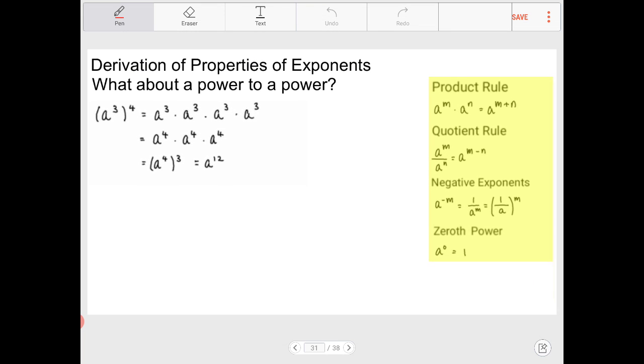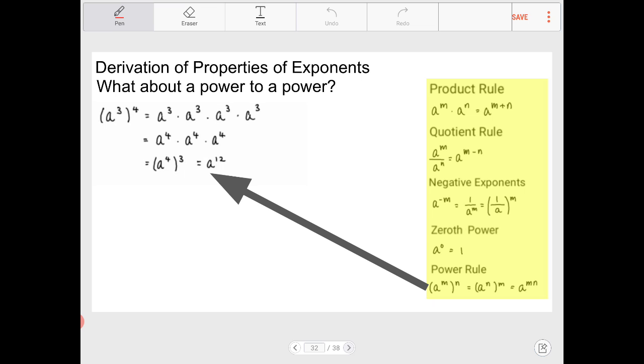So this is a demonstration of the power rule. The power rule says if I have an expression being raised by a power and then raised by another power, all I've got to do is multiply the exponents together. Or we can actually reverse the order of the powers being raised, right?